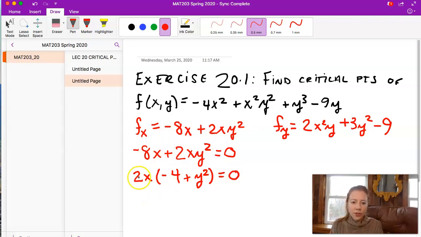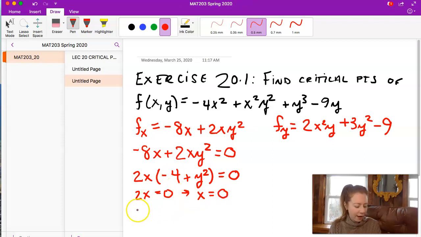So our roots here are that we have to investigate when 2x is equal to 0, or x equal to 0. And also we have to investigate when y squared minus 4 is equal to 0, so y squared equal to 4.